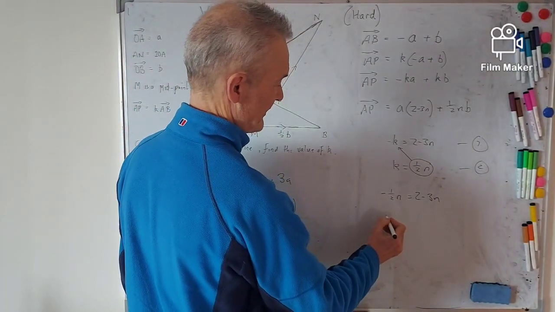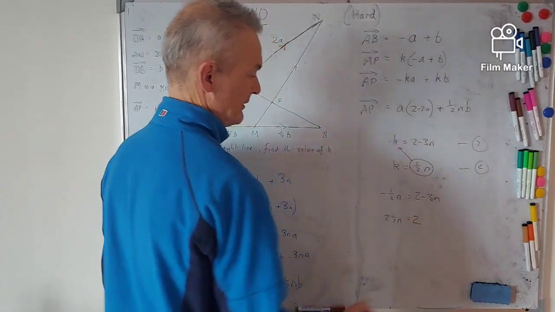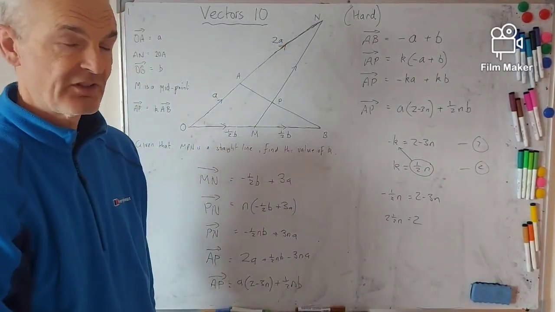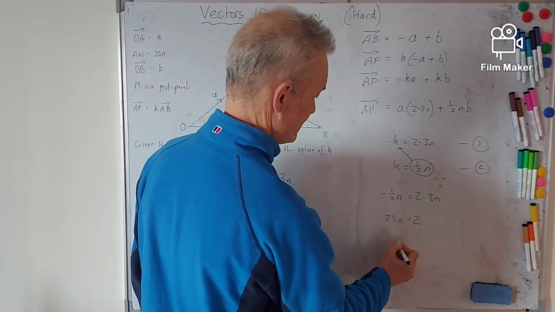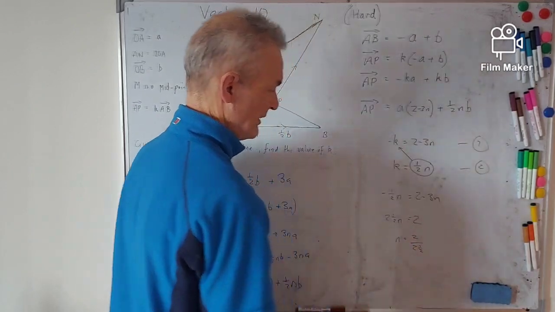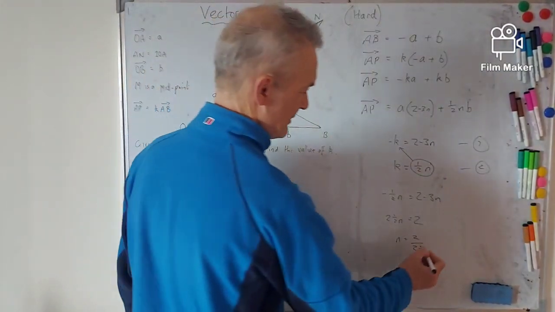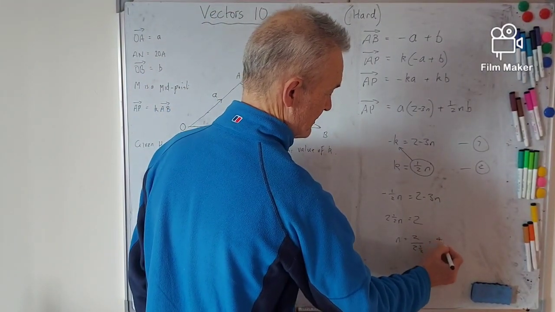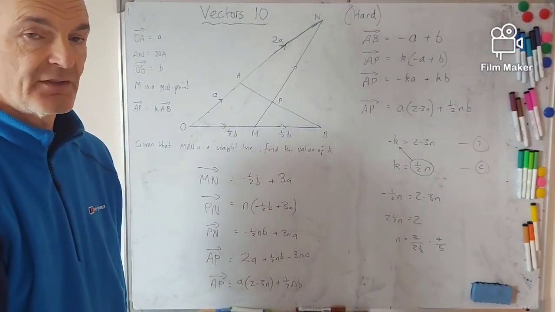So I'm going to get 2.5n equals 2. Then I'm going to divide both sides by 2.5. And now I'm just going to multiply the top by 2 and the bottom by 2. Okay, so we've got n equals 4 over 5.